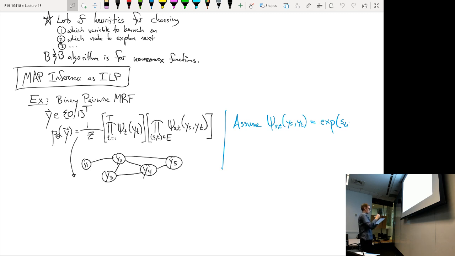So our score function will just be some phi st of ys yt. And then similarly, we'll have potentials on the variables yt that are defined as exp of some phi t yt.